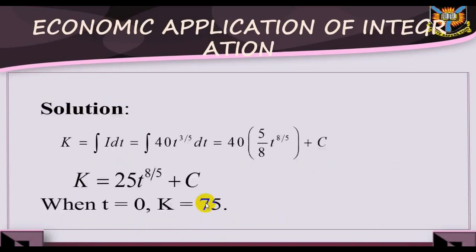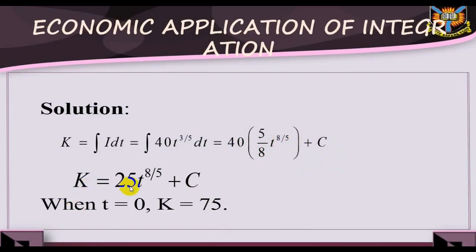K equals the integral of I dt, which equals the integral of 40t to power 3 over 5 dt, which equals 40 of 5 over 8 t to power 8 over 5 plus c.